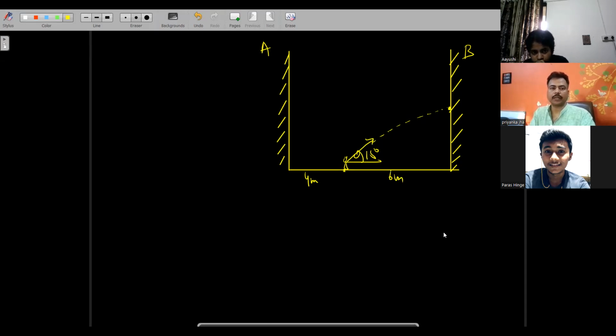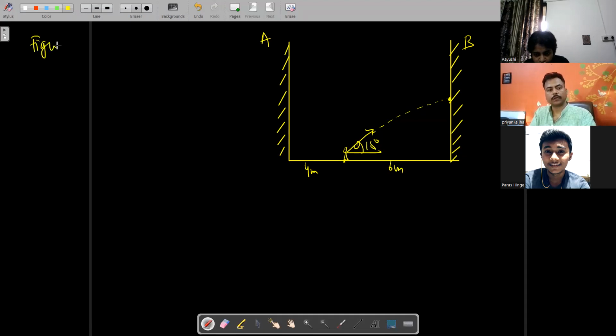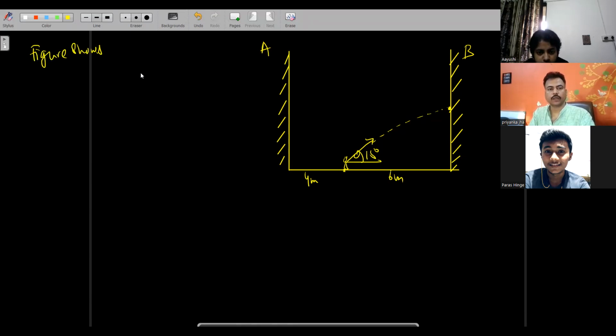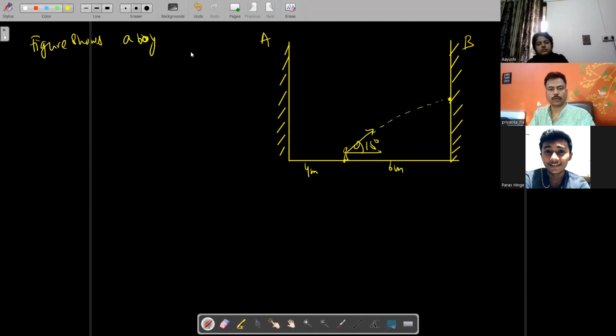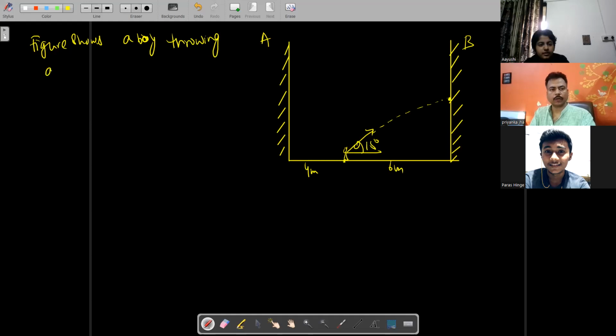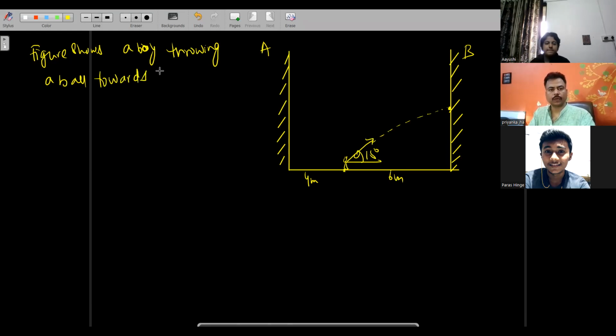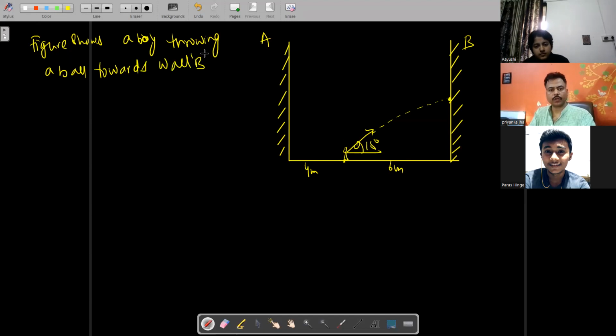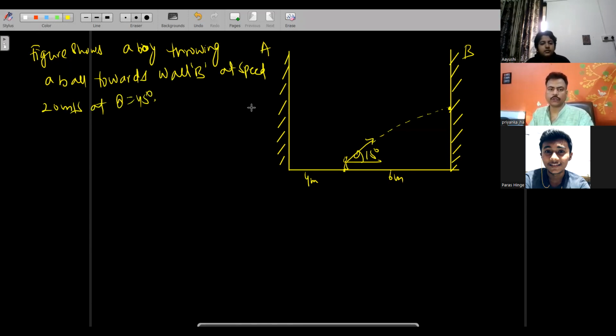Let me now write it in words. Figure shows a boy throwing a ball towards wall B at a speed of 20 meter per second at theta equal to 45 degree. Sorry, 15 degree.